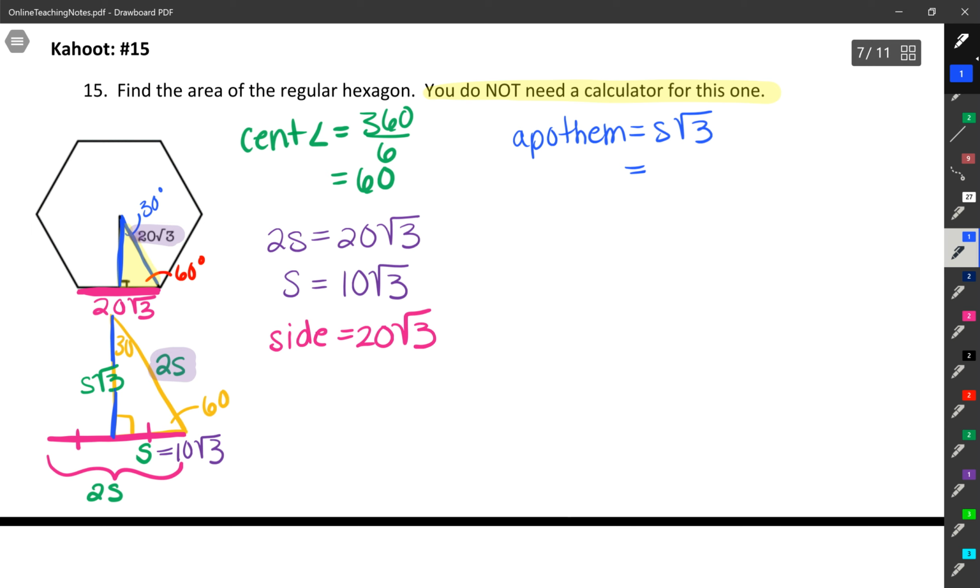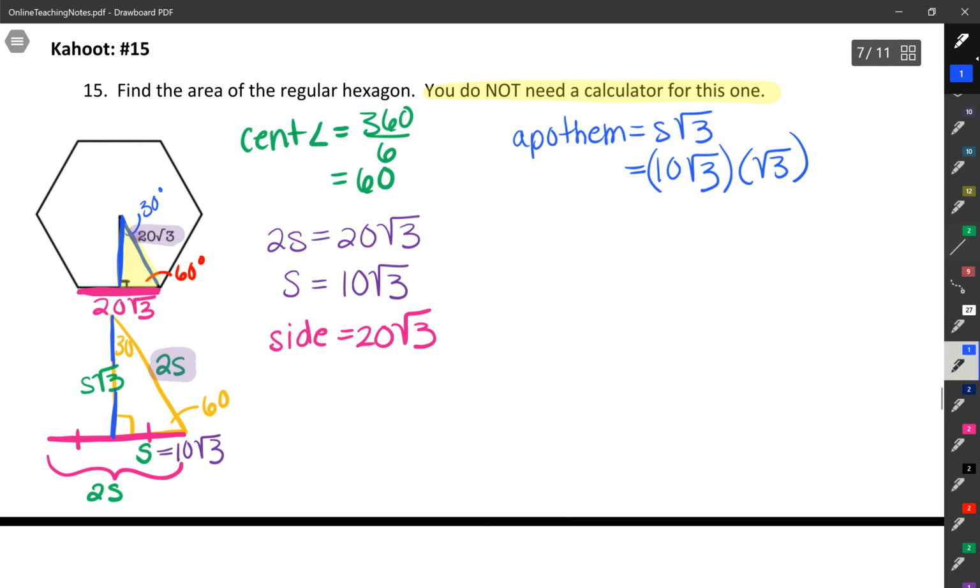We know that S is 10 square root of 3, and we have to multiply that by the square root of 3. So we plug that in: 10 square root of 3 times the square root of 3. That gives us 10 times 3, because square root of 3 times square root of 3 is 3. So your apothem is 30.